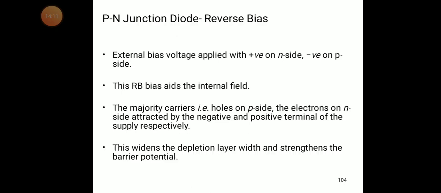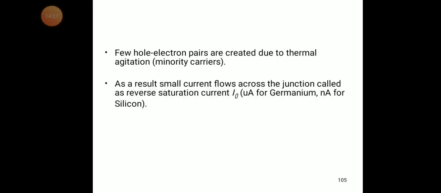When the free charge carriers are attracted towards the terminal of the battery, what happens? The charge carriers are eliminated at the junction, so the depletion layer is widened and the barrier potential increases. Few electron-hole pairs are created due to thermal agitation.